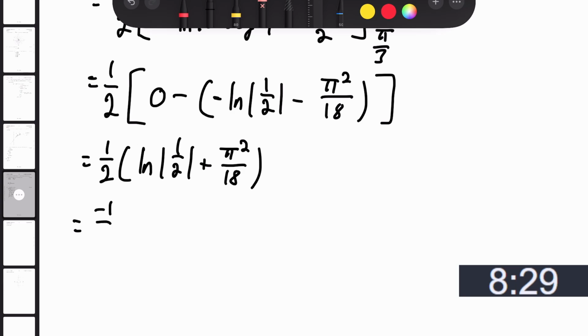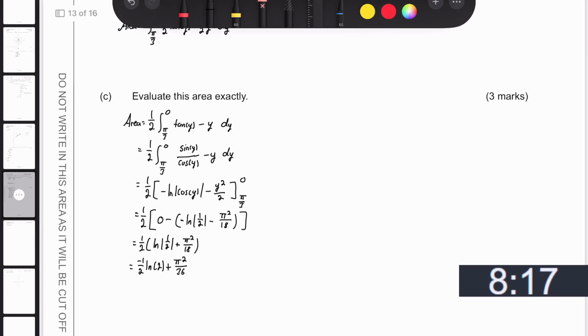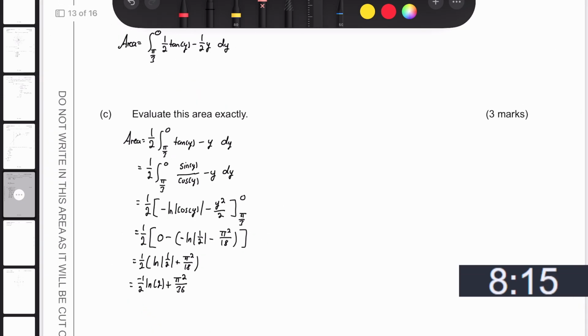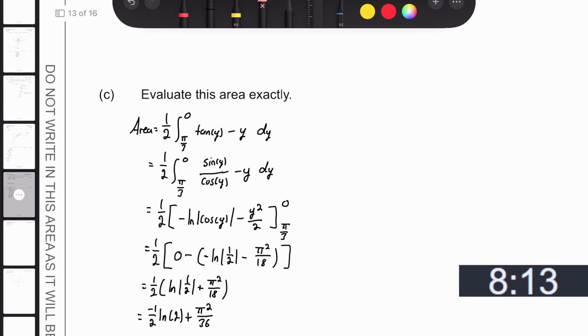So negative a half ln of 2 plus pi squared on 36. Not sure if this is the way to go.